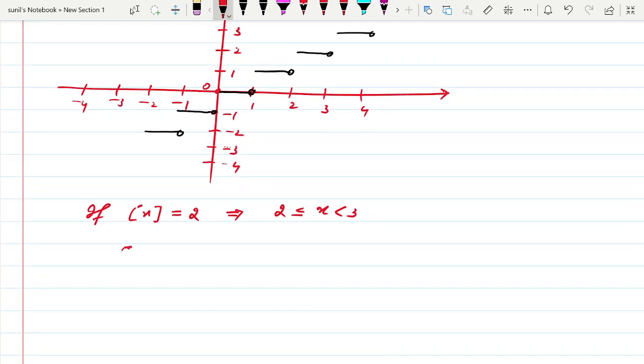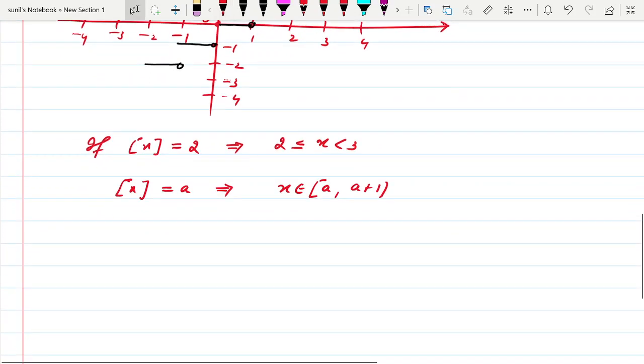So there is a result: if greatest integer of x is some a, then x belongs to the interval [a, a+1). Okay, now based on this we have some properties of this greatest integer function.